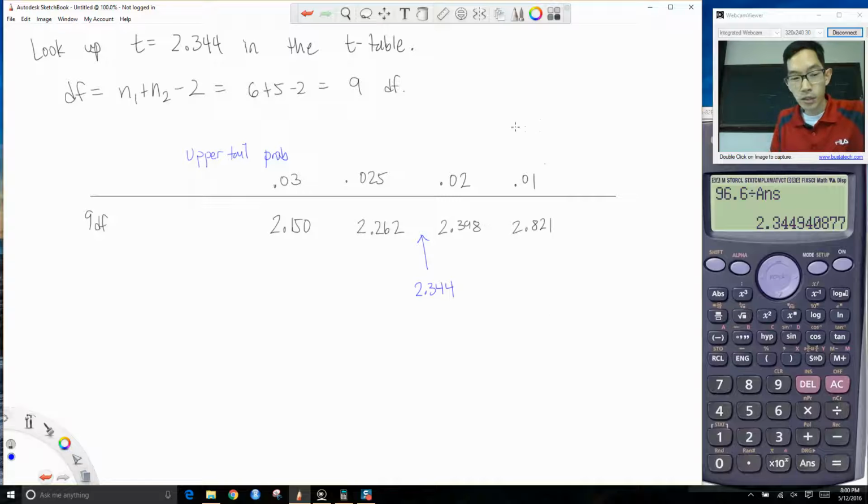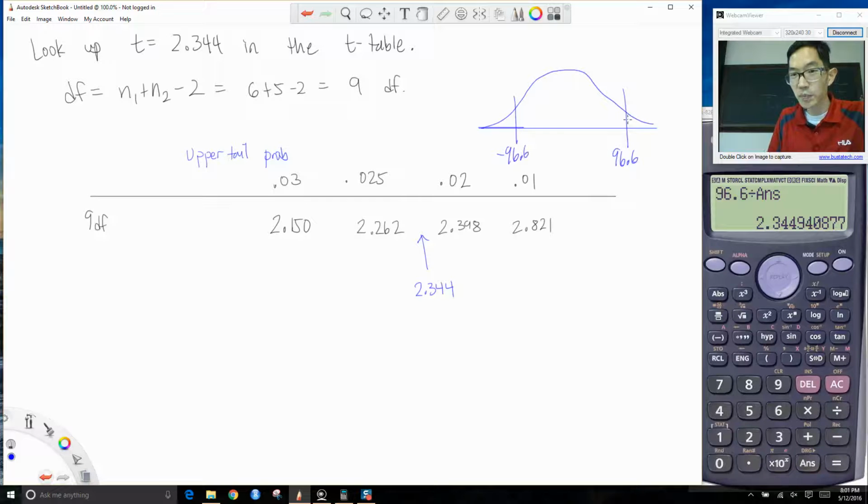In our diagram, we had 96.6 and negative 96.6.